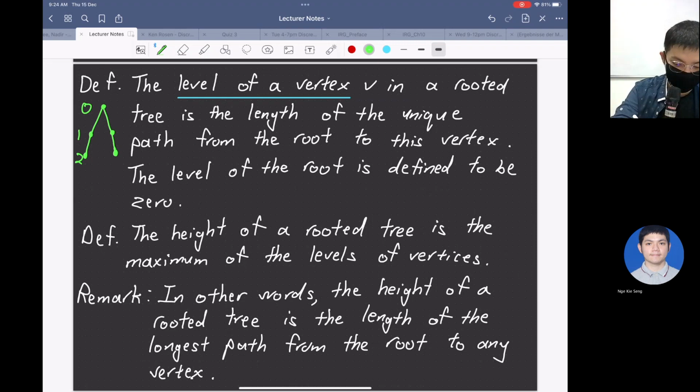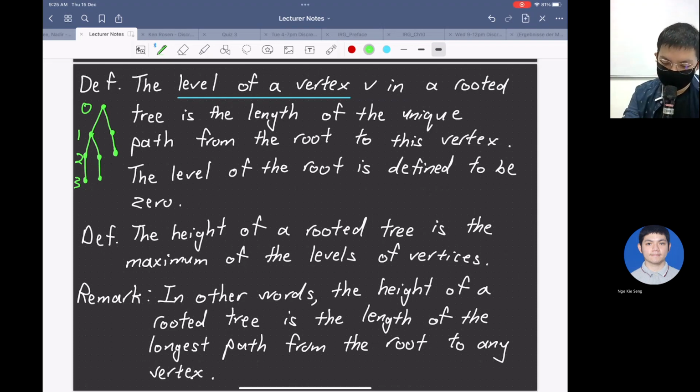For example, the left child of the root has a length 1 path to the root, so it is at level 1. Then you can go on. The key here is we set the level of the root to be 0, so that the definition of length of path makes sense.